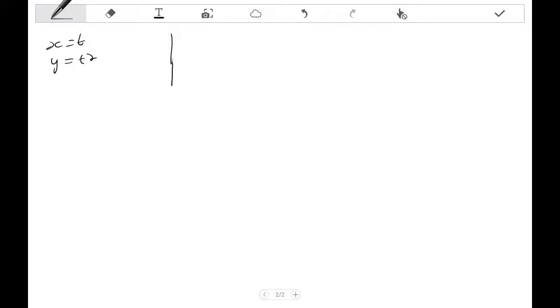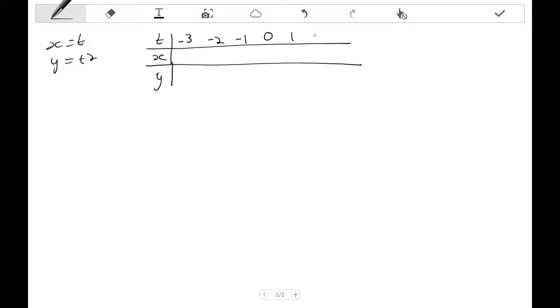What we're going to need to do is look at t, x, and y. And we can literally plot this graph by just calculating all the values in this table.